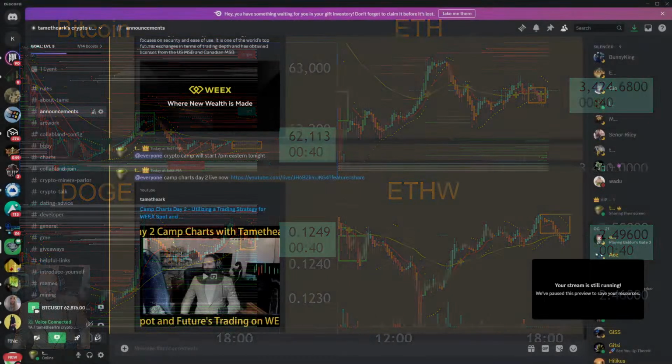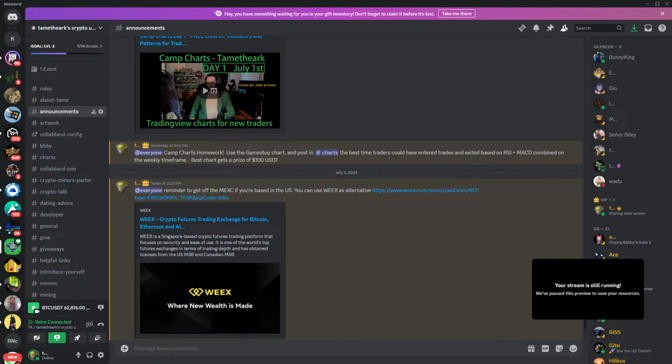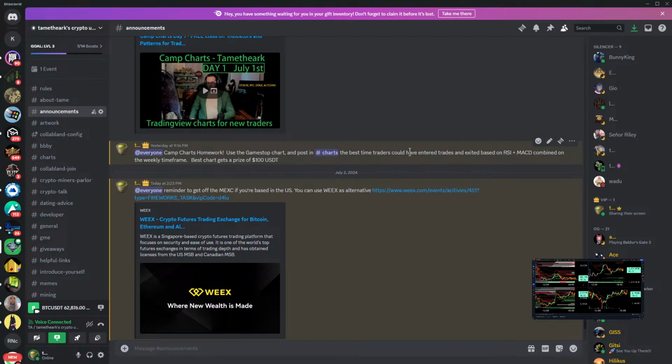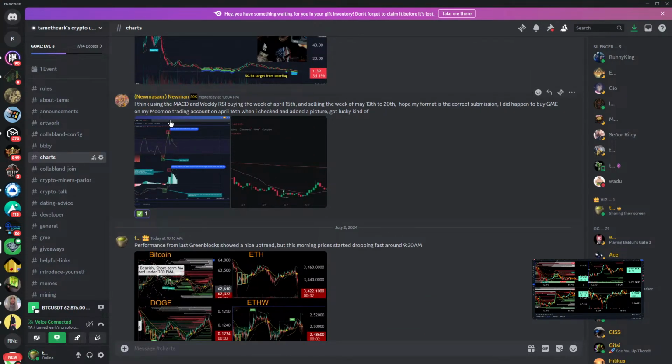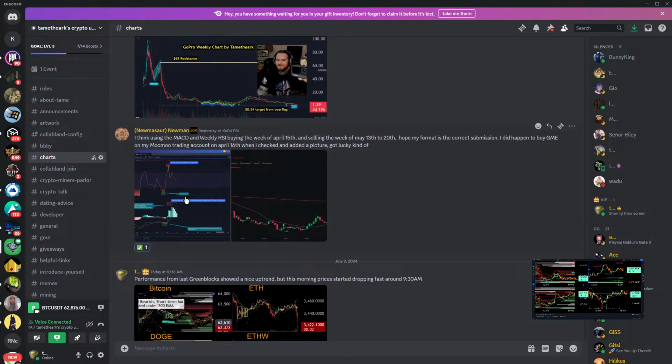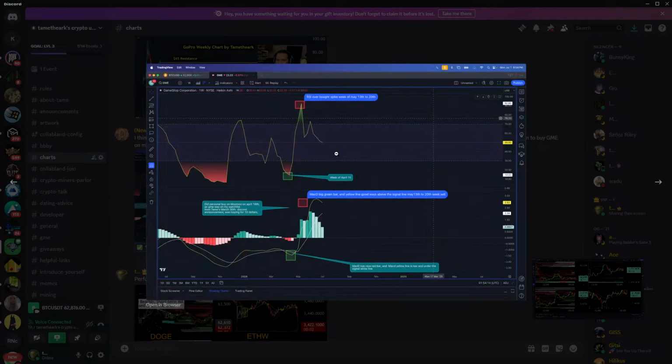So, in the Discord, I did mention for the Camp Charts homework, use the GameStop chart and post in charts the best time traders could have entered trades and exited based on RSI plus MACD combinations on the weekly time frame. Best chart gets a prize of 100 USDT. When I go to the charts channel, the only person that's done it so far is Newman, and he did this chart.